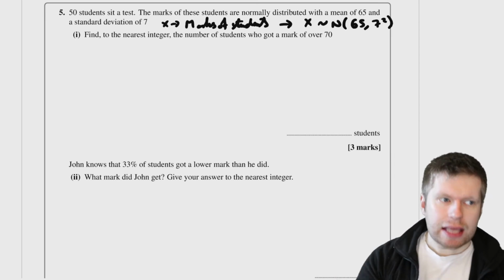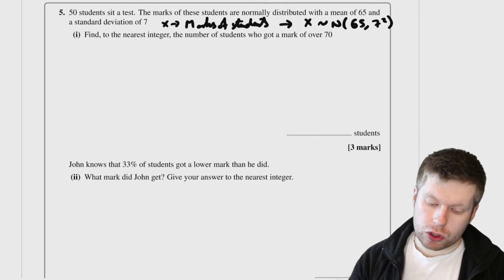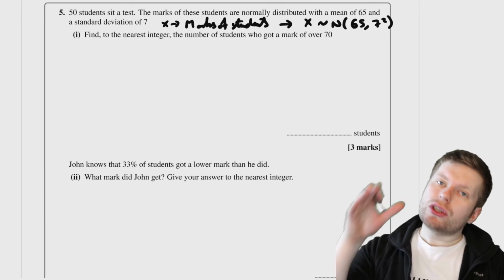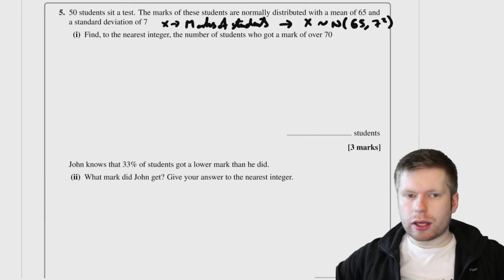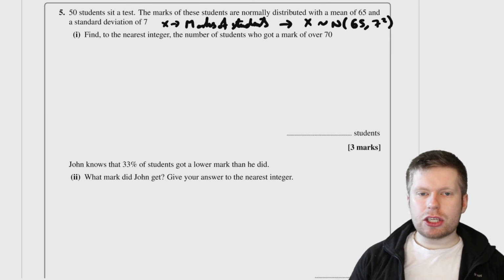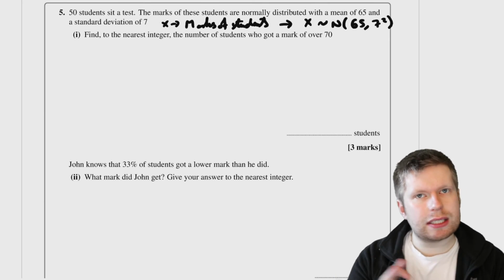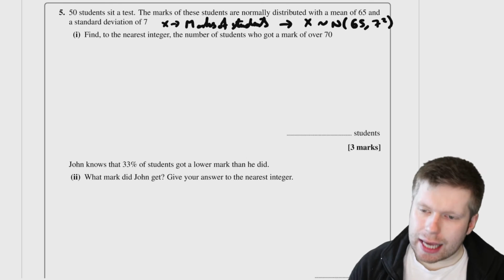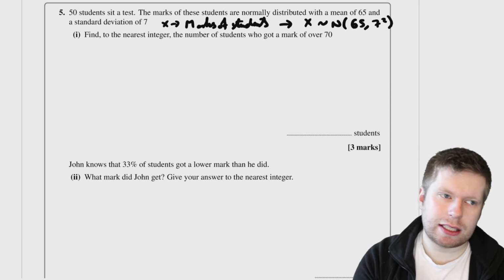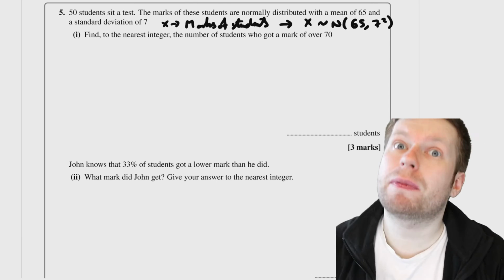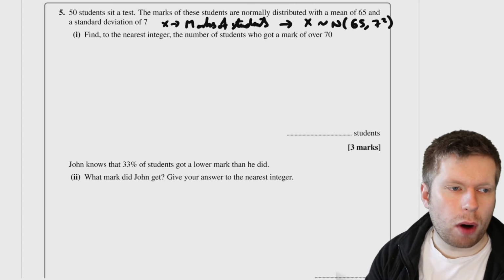In this case, for part 1, you need to find, to the nearest integer, the number of students who got a mark over 70. So I don't necessarily need to use the central limit theorem here, because I'm not selecting test papers at random and then finding the mean of those test papers that I select. I just need to find the nearest integer the number of students who got a mark over 70.